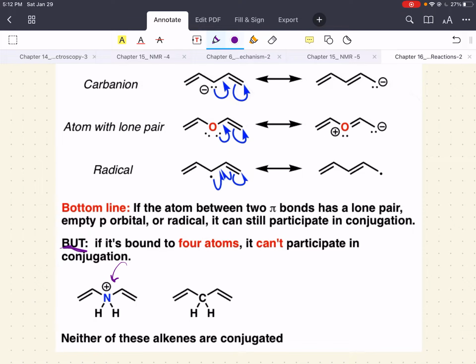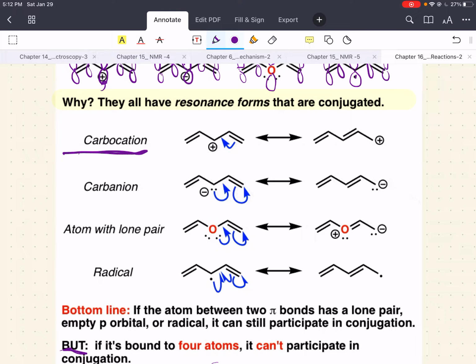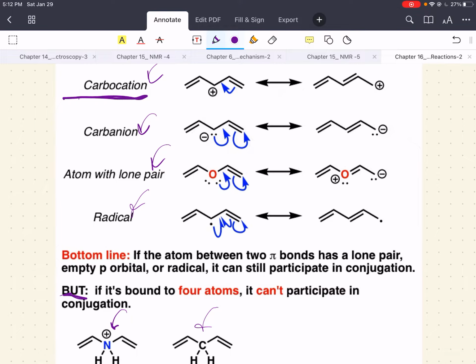There are no p orbitals for things to move within a complete conjugated pi system. So neither of these examples are actually conjugated. But remember, anything that is a carbocation, carbanion, lone pairs or radicals, they can still participate in conjugation. And that's really important to know.